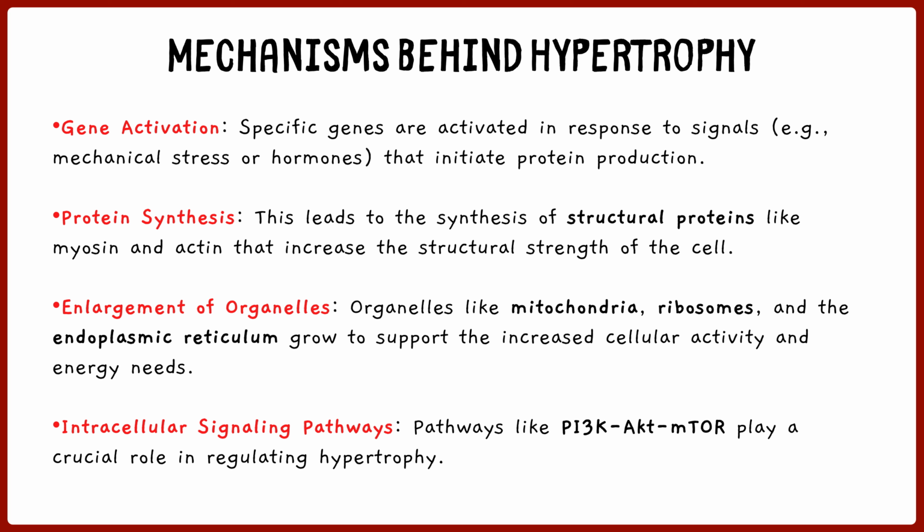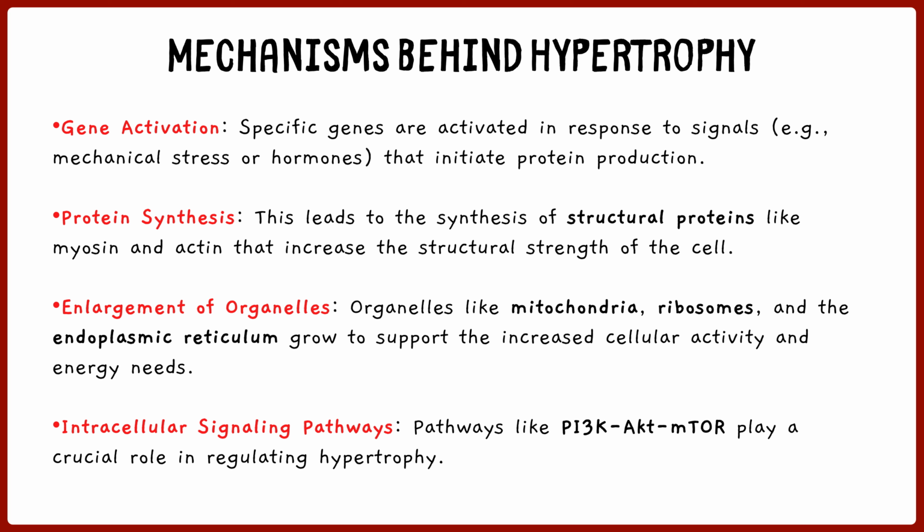But this entire process is not just happening willy-nilly. It is very tightly controlled by signaling pathways inside the cell. An example is the PI3K-AKT-mTOR pathway, which is sort of like a growth switch. It is crucial for normal hypertrophy. For example, if a person is exercising, their skeletal muscle undergoes normal hypertrophy through this pathway.